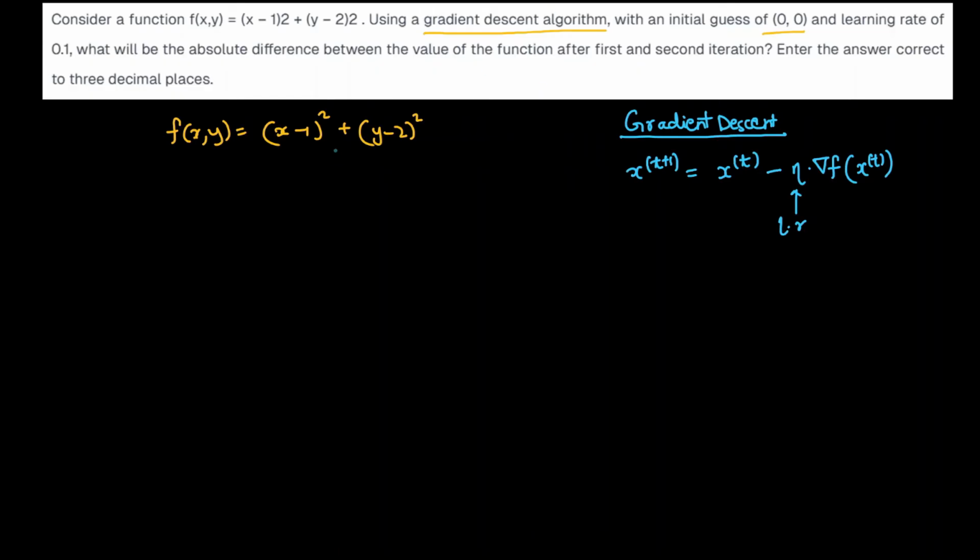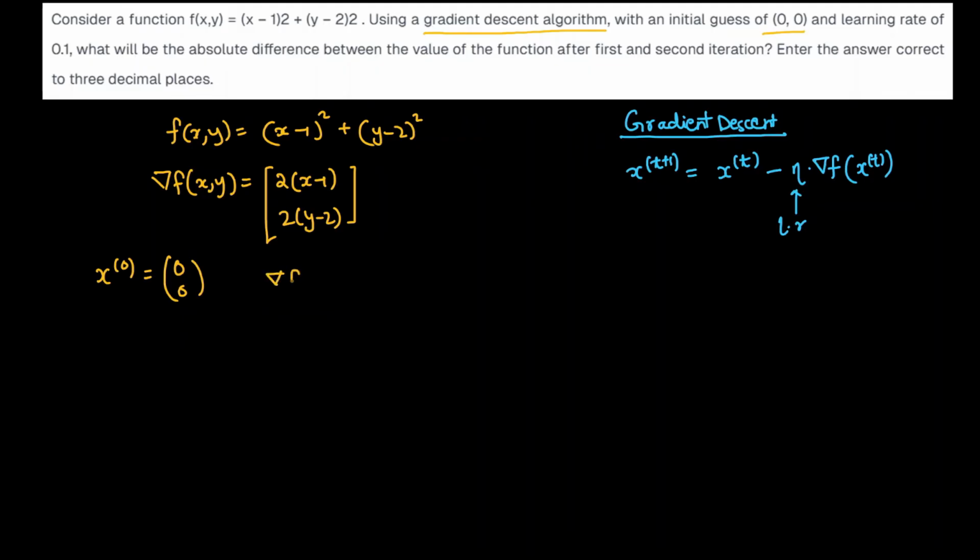So what will be the gradient of f? The gradient of f(x, y) will be nothing but (2 times (x minus 1), 2 times (y minus 2)). Now we are given that x0 is nothing but (0, 0), right? So first we need to compute the gradient of f at the point (0, 0).